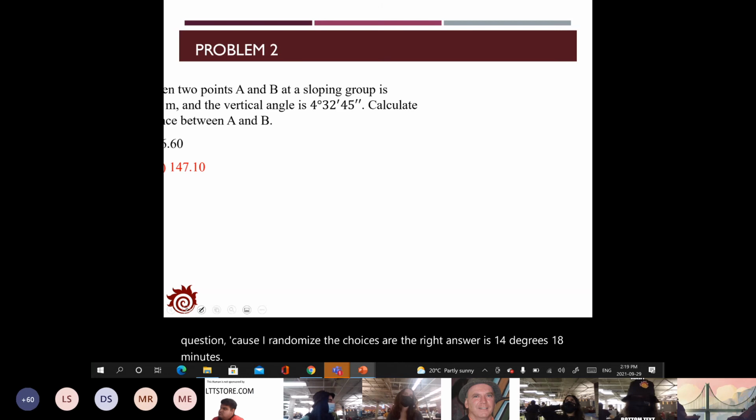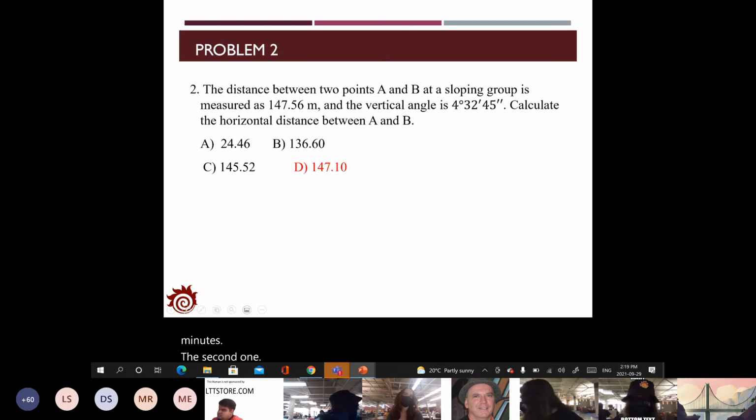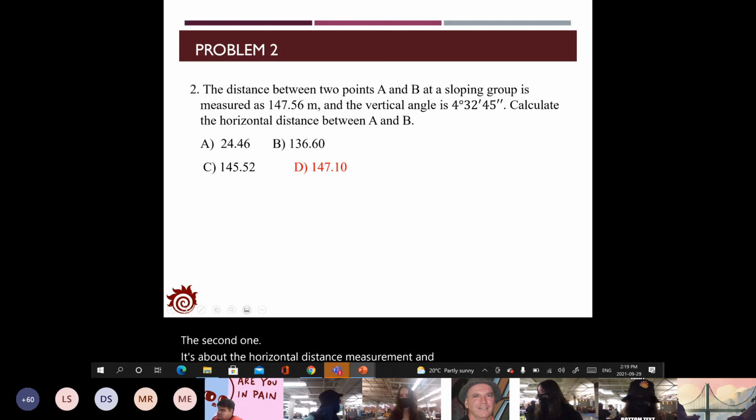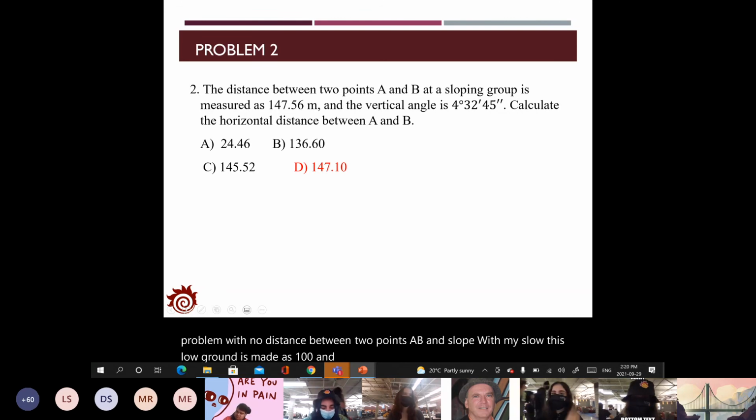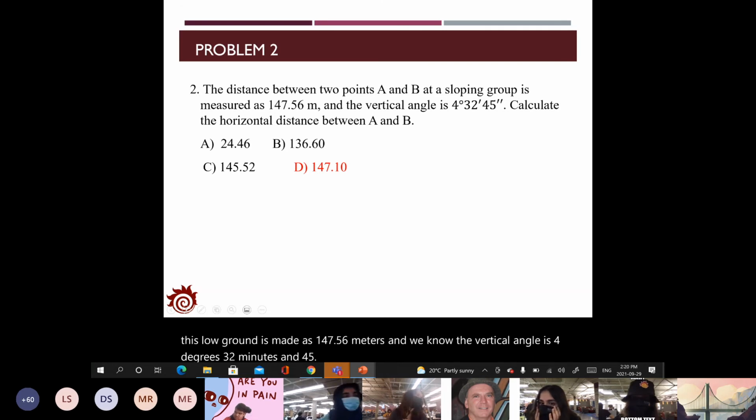The second one is about the horizontal distance measurement, and we know in the problem the distance between 2 points A and B, the slope distance, is measured as 147.56 meters, and we know the vertical angle is 4 degrees 32 minutes and 45 seconds.